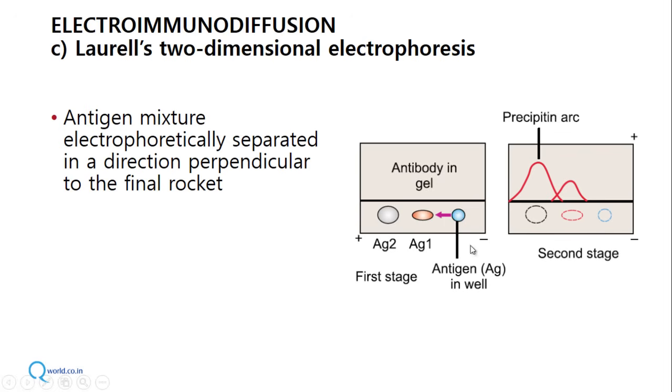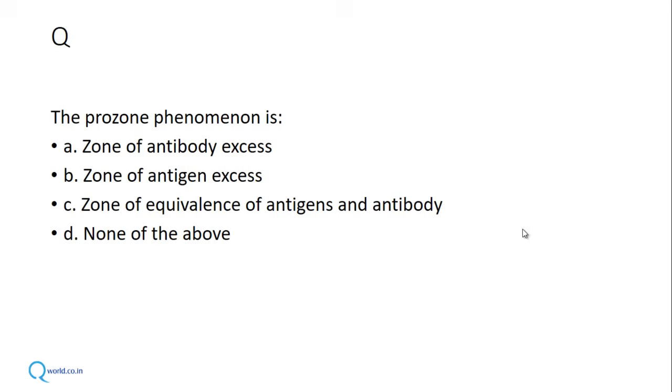First we give electric current in this direction, so the antigen is divided into its antigenic subcomponents, and then we supply the electric current in this direction in the second stage. These subcomponents will move towards the antibody gel and form precipitin arcs based on their concentration. So this is Laurell's two-dimensional electrophoresis.